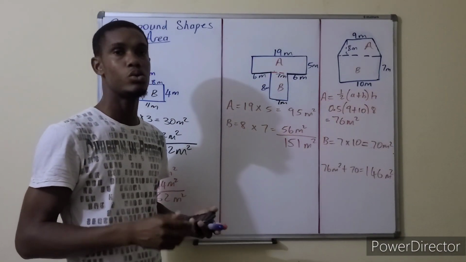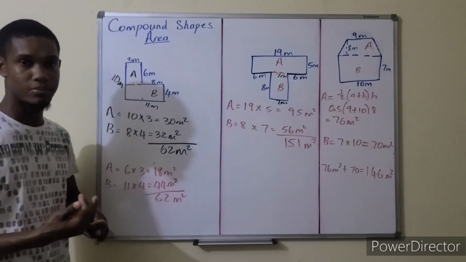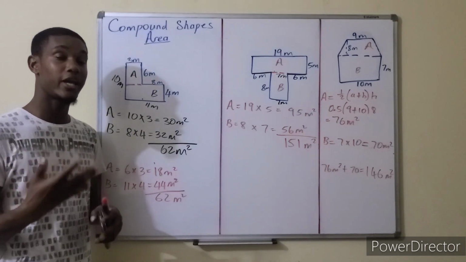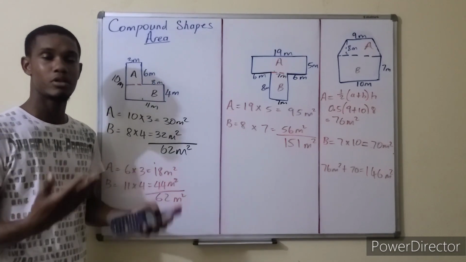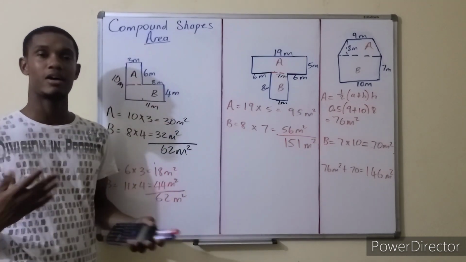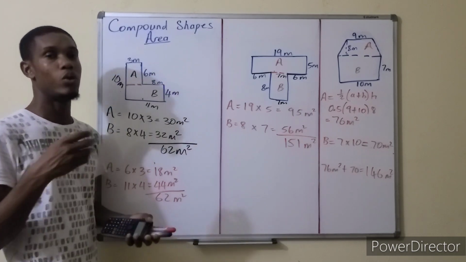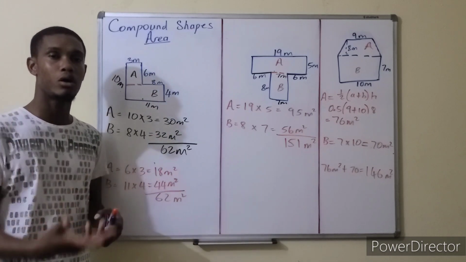So all you need to do is just work out each piece of the shape. Split the shapes. Then you will identify what shape it is that you have created. Then you label the shapes so that you have ease of access to know which one you're working on at each point in time. When you think about which shape you're going to be working with, you recall the formula.